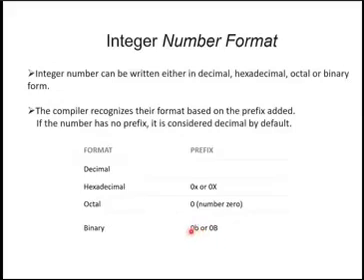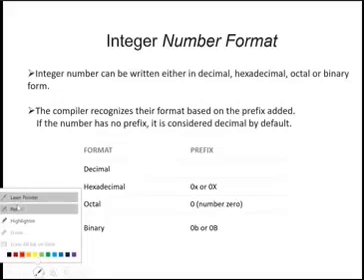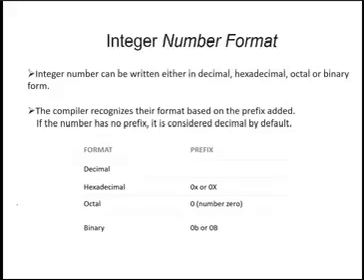Whenever you write a program, you need to differentiate which is a number and which is an alphabet, because some characters have a similar representation, for example 0 and O. But if you want to declare your number as hexadecimal, it must be 0x, or 0 capital X. That one is for hexadecimal, and then for octal, it must be 0, followed by the number that you want to put.